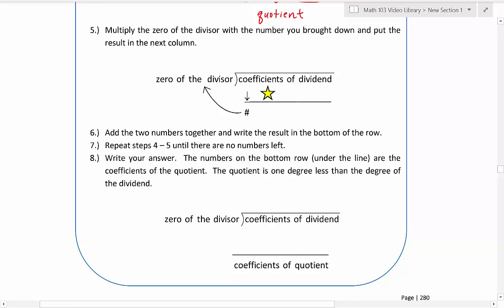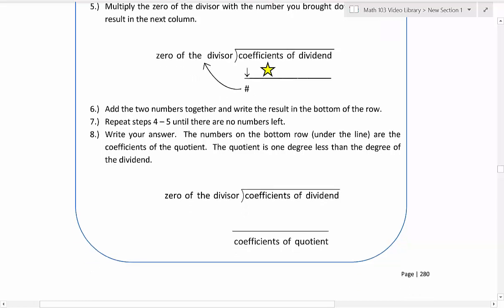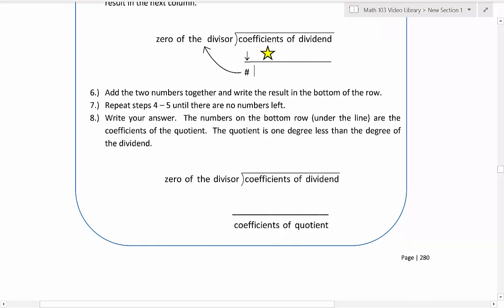Now we need to actually write our answer. The numbers on the bottom row under the line are the coefficients of the quotient. Since with synthetic division our divisor is always linear, the degree of the quotient will be 1 degree less than the degree of the dividend. So you're going to use that fact coupled with the coefficients of the quotient to write the quotient.